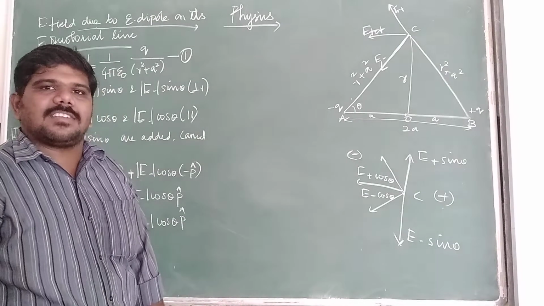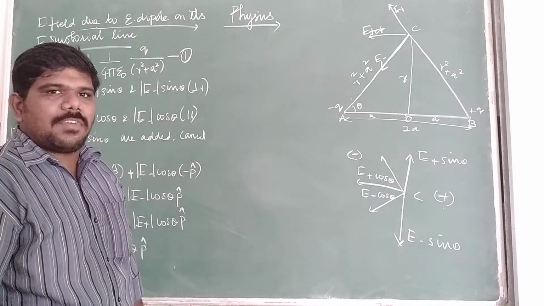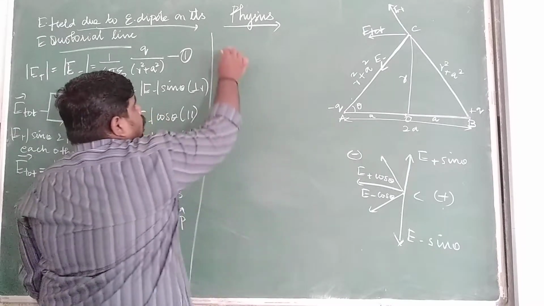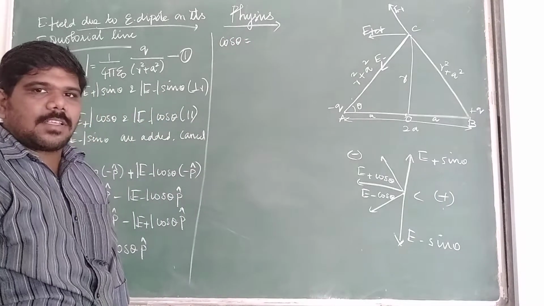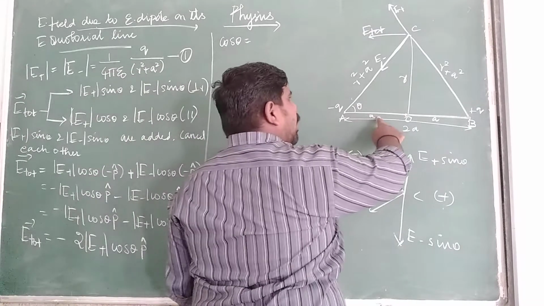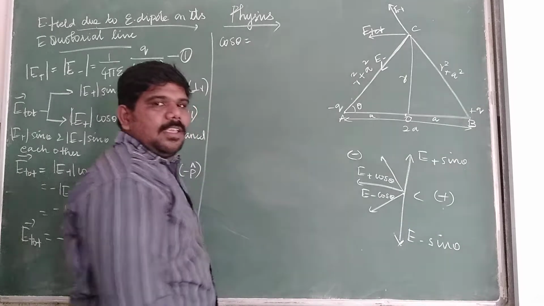Guys, what's the formula for cos theta? Adjacent side by hypotenuse, right? So cos theta is equal to adjacent side by hypotenuse. What is the adjacent side? A. What is the hypotenuse? AC.